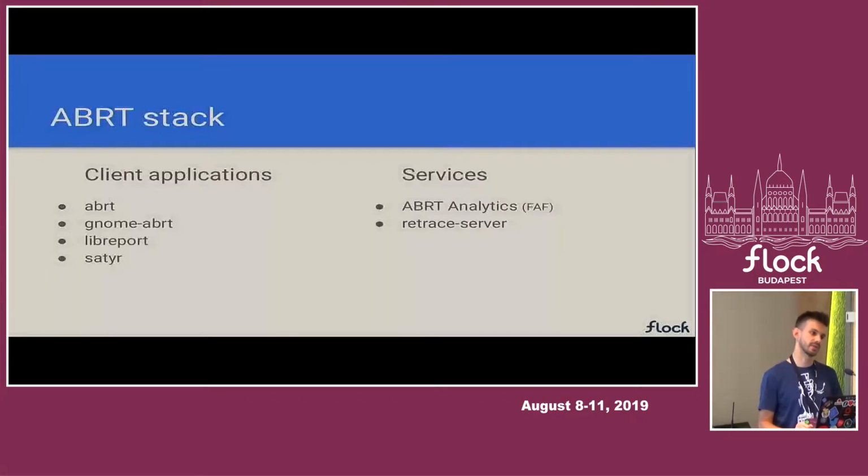The services that ABRT provides are the ABRT Analytics server, which was formerly known as FAF, but we decided to rename it to group together the branding, and also the retrace server.